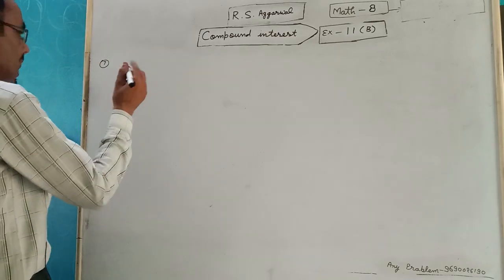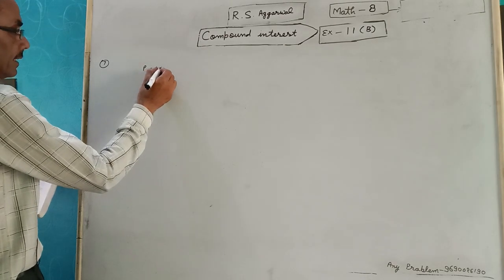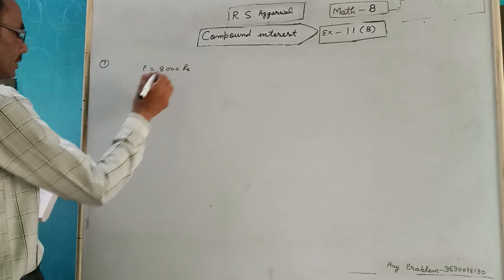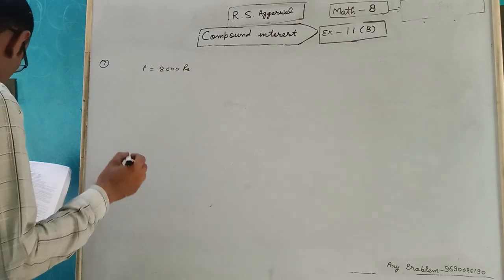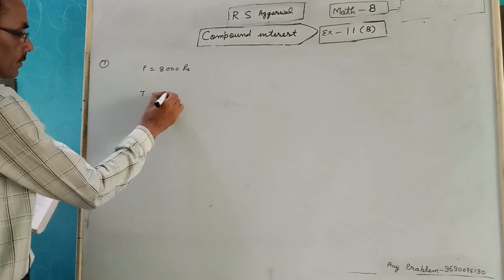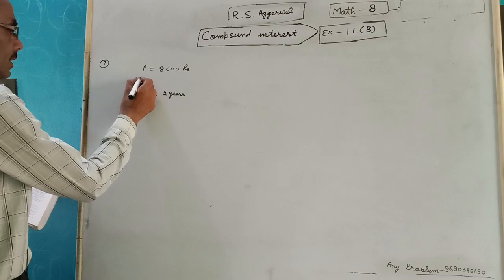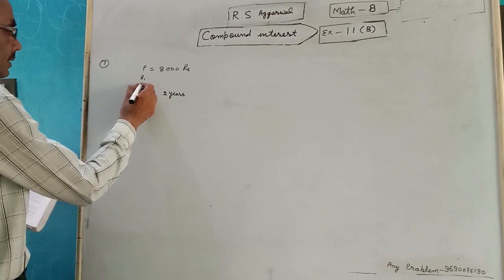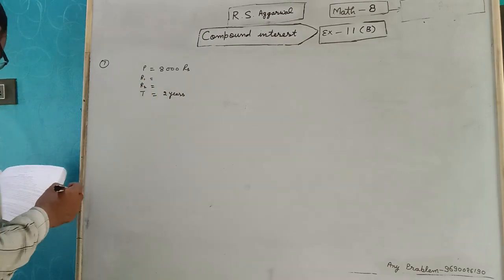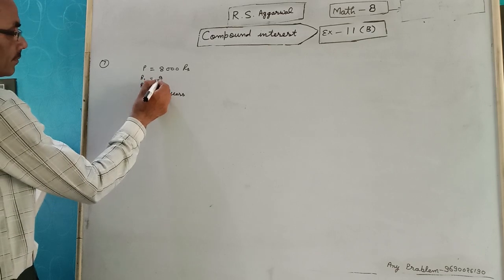Here P is equal to 8,000, time is 2 years, and the rate is given in two parts. First R is 9% per annum.